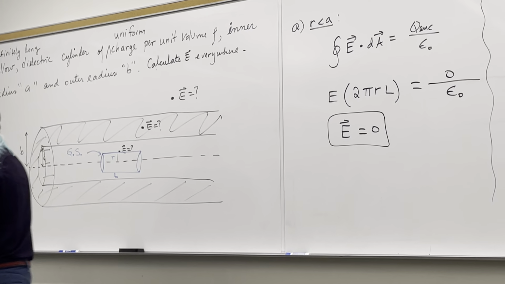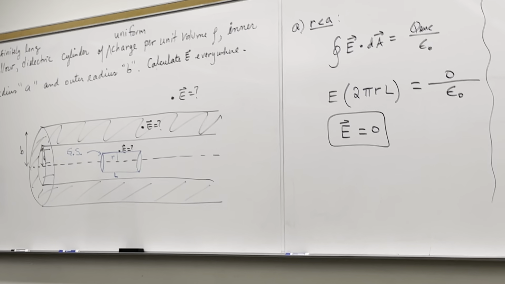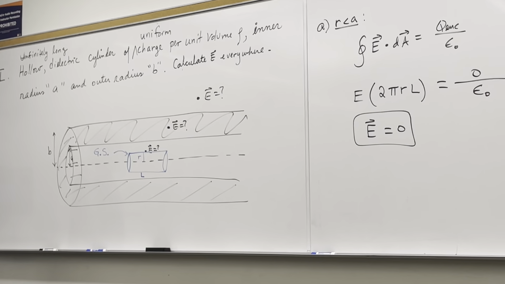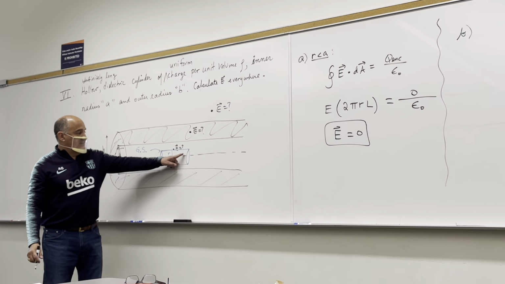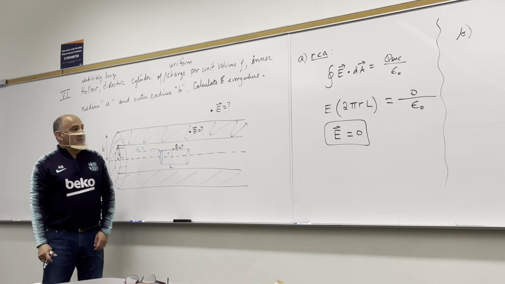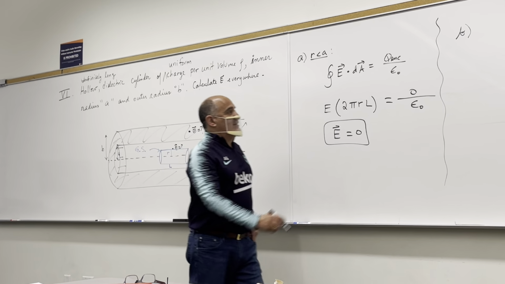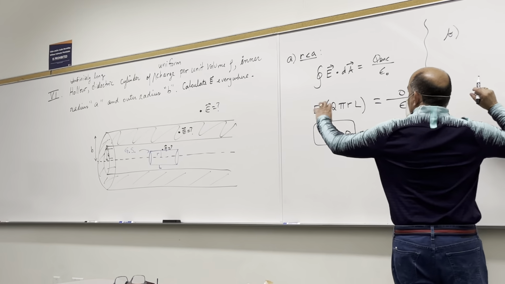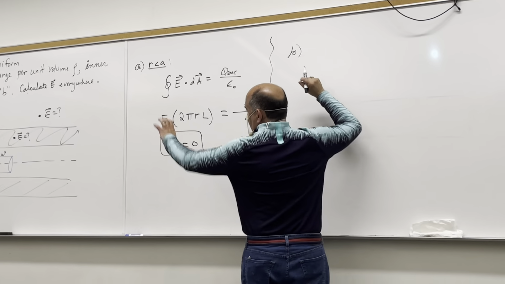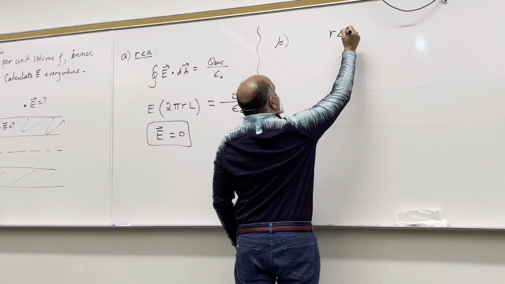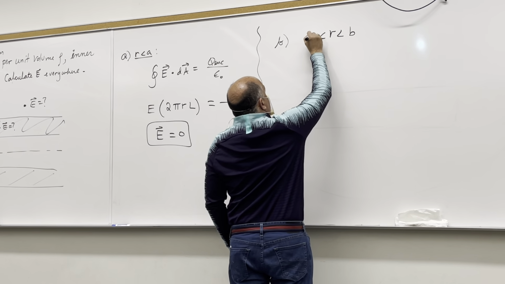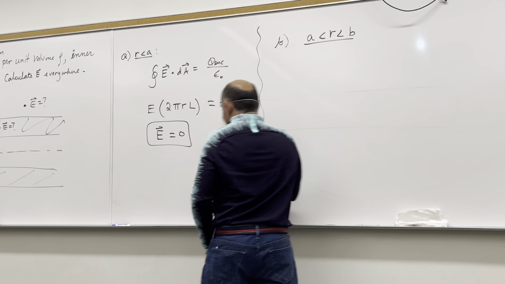Are we good? Yes? There's no charge inside my Gaussian surface. So now I'm going to calculate the electric field inside the dielectric material, where the atoms are. That distance from the axis is less than b, but greater than a.